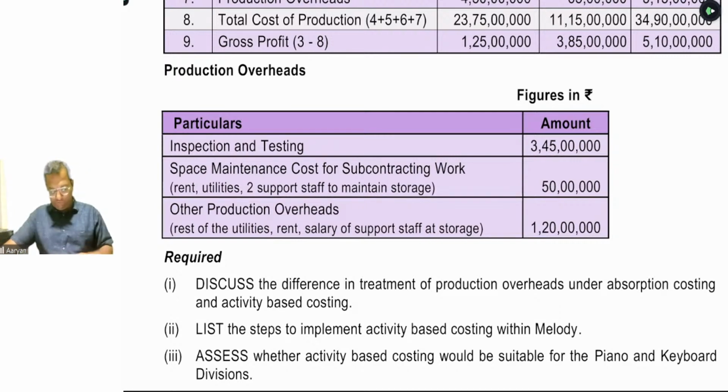Okay, Shrivani have also said without bifurcation, without calculation of ABC overhead for both the product, we have just to discuss why. My question is why? Why we are not calculating the overhead under ABC method for product piano and keyboard. Instead of that, without any calculation, we just we have to discuss the same.